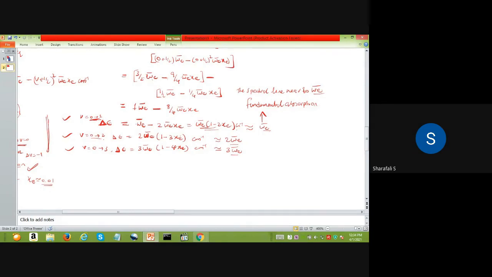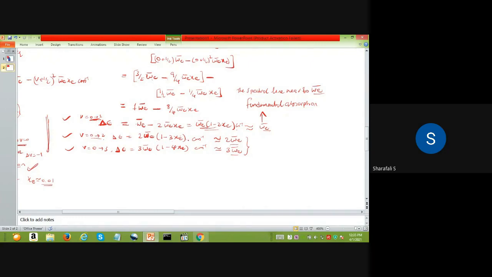And why I'm talking about near to omega E bar is because it will be slightly different because of this xc. We have approximated it as 2 omega E bar, but it will not be exactly at 2 omega E bar. It will be less than that, because we have a term which is coming, which is minus 3 xc times 2 omega E bar. So it will be slightly less than 2 omega E bar.